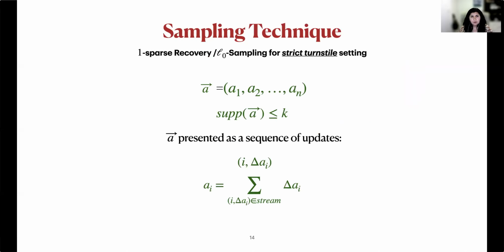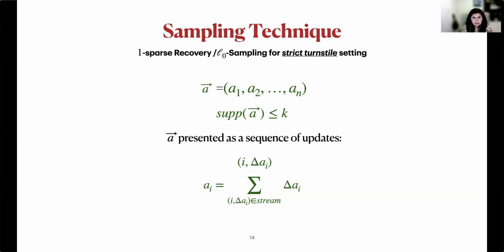Now I'll give a very quick overview of our sampling technique, which can also be used as a general purpose one-pass recovery or L0 sampler for the strict turnstile setting. We will take the simplest case.